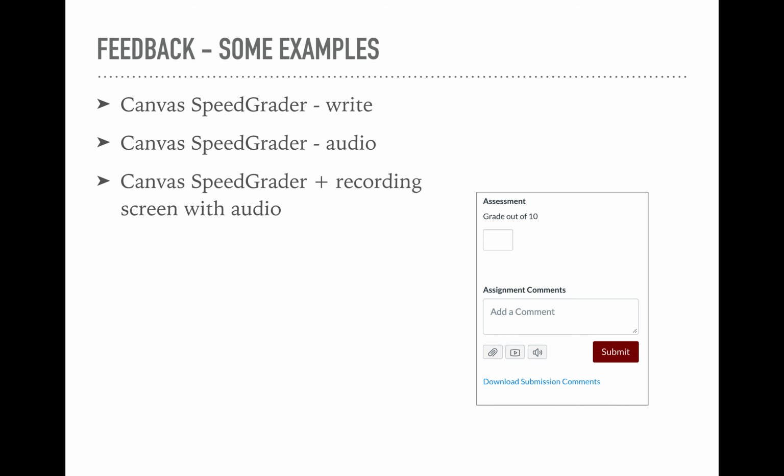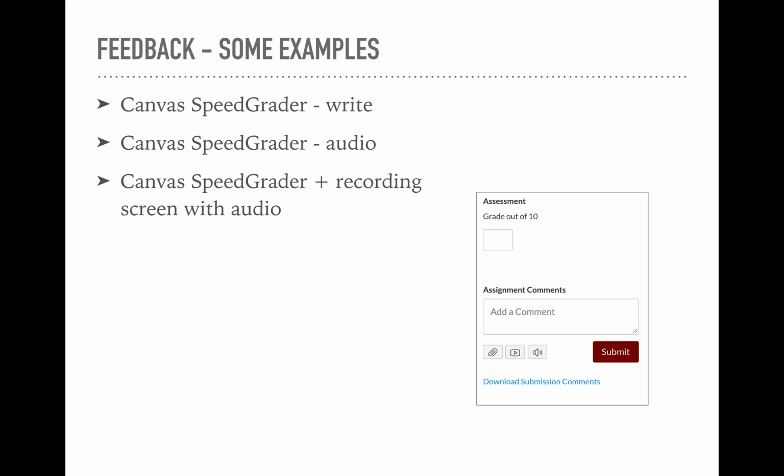I think it's a much more personalized feedback, and in an online setting with the students being physically in different places, I think it is interesting to find ways of making ourselves more present in the class.